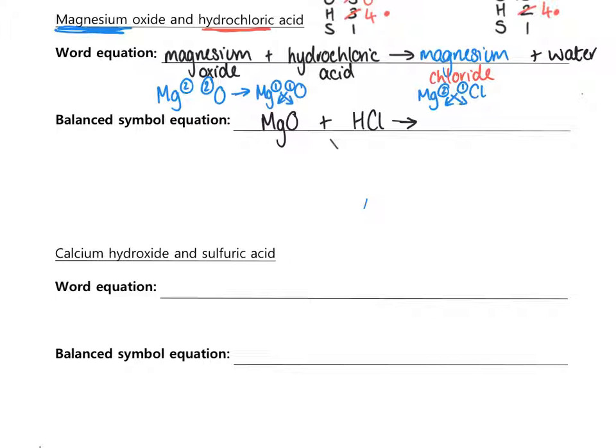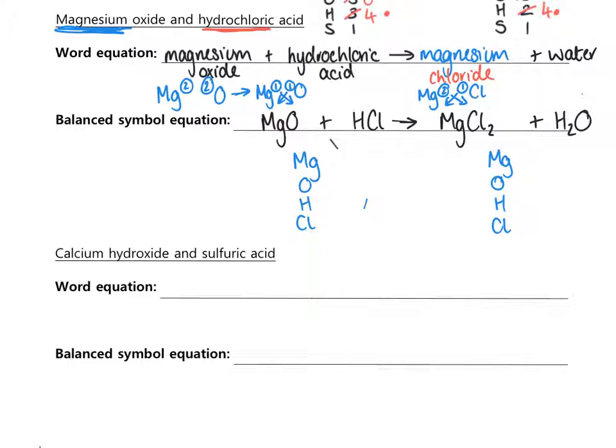When we swap and drop that, we end up with a formula of MgCl2. And then we have plus water, which is H2O. Okay, we can see my equation's not balanced, so let's take some time to balance it now. I have magnesium, oxygen, hydrogen and chlorine. And then I write that list on the right hand side.